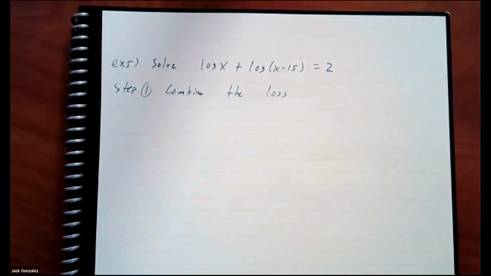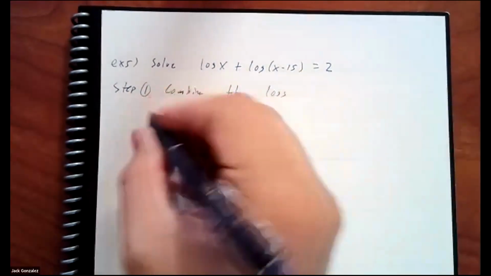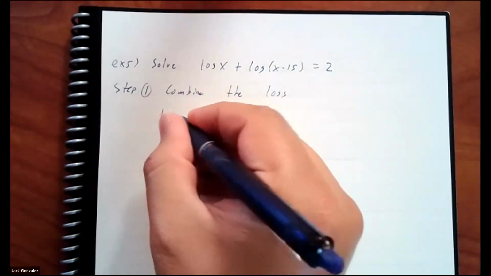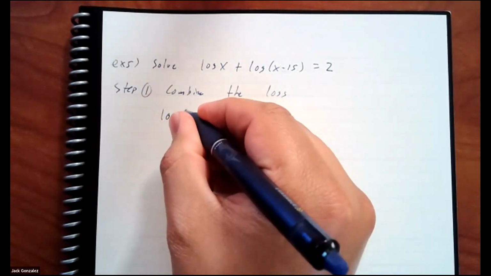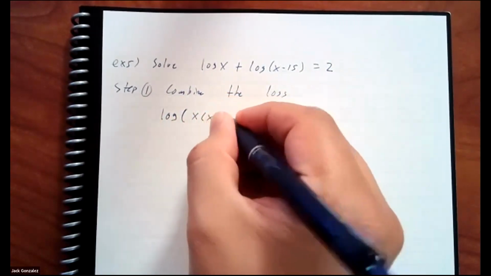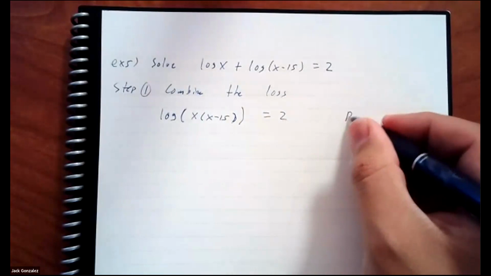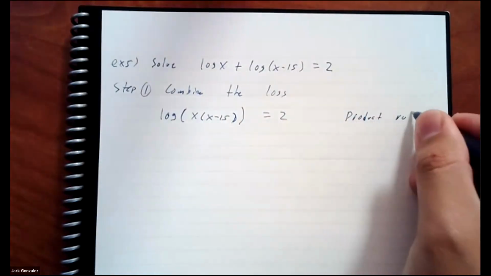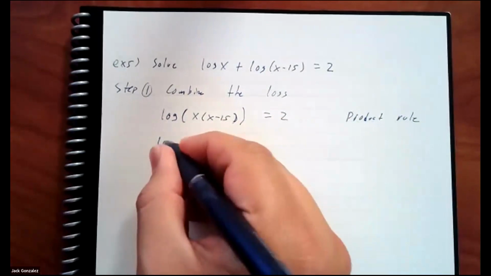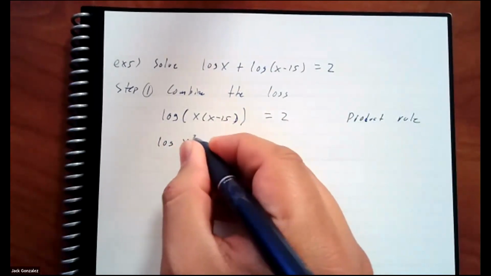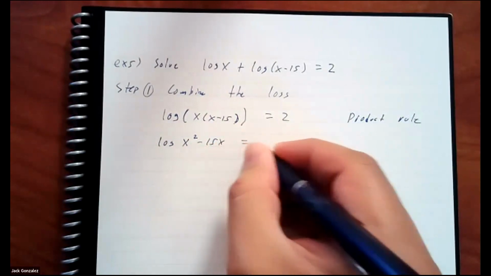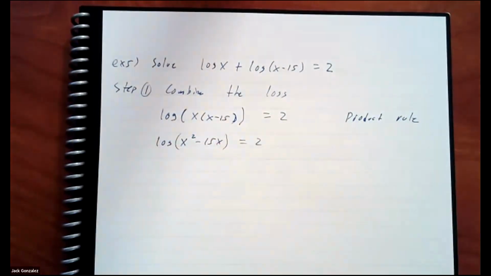I use the product rule on log x plus log (x minus 15). So that gives us log of x squared minus 15x. So now it's a single log.